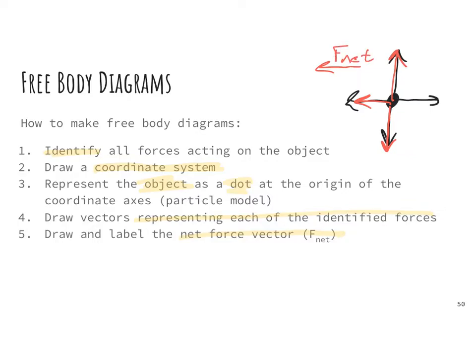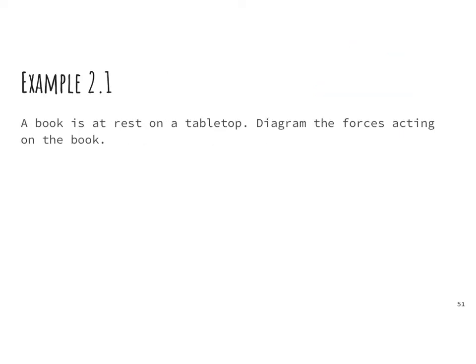So I do know that there is a net force. It is moving to the left because I have unbalanced forces. So this is a Newton's second law problem, which we'll talk more about as we start to quantify, but there is a net force going to the left, which means that there is also an acceleration going to the left.